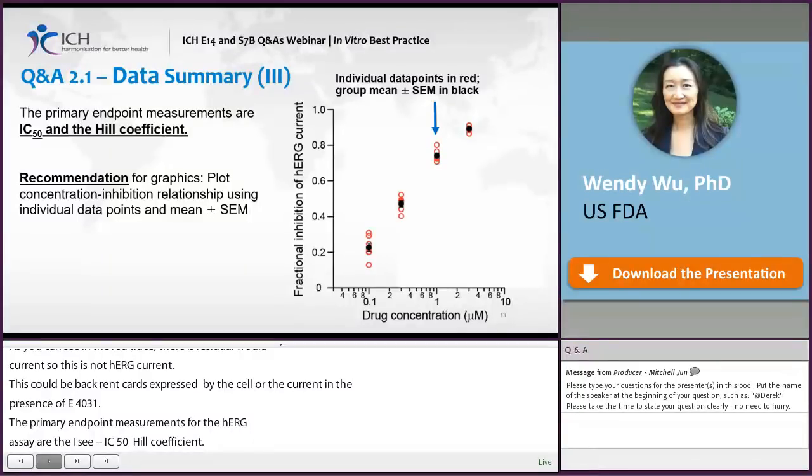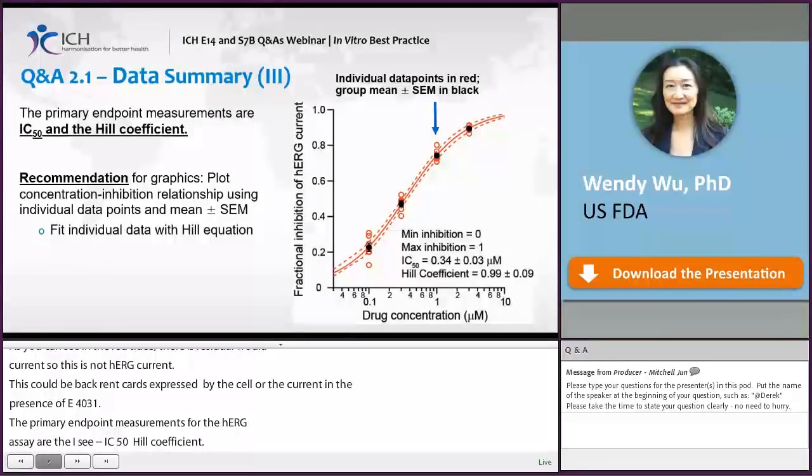Individual data points are shown as open red symbols and group mean plus or minus SEM in black. Fit individual data points with the Hill equation. Here, the solid red line shows the fit, and the dashed red lines show the 95% confidence interval. Here are the fitting parameters. State constraints placed on the fit.